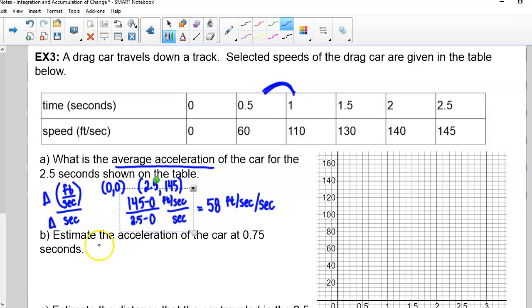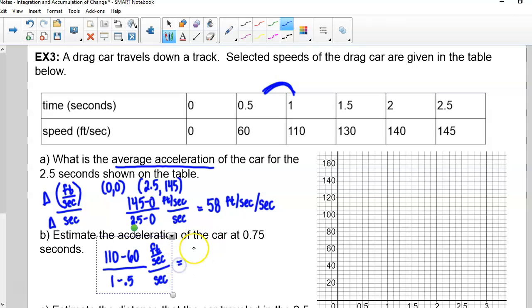So if we just find the slope between these 2 points, we'll do 110 minus 60, and that is feet per second. Both of those are. And then 1 minus 0.5, and that is seconds.